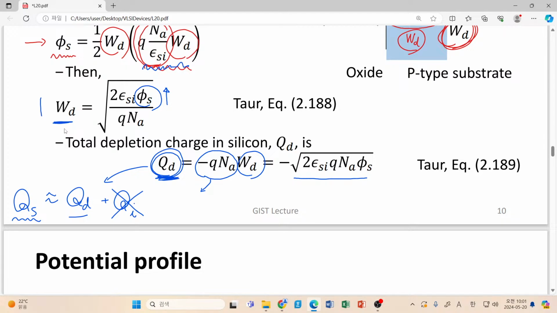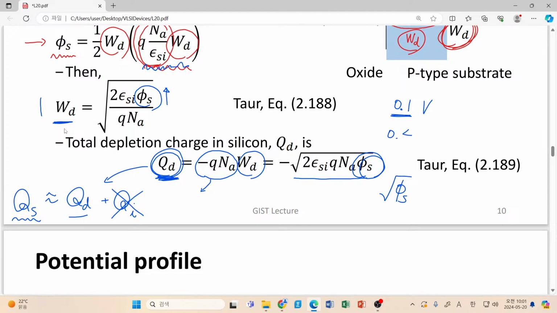The charge collected in our substrate is just proportional to the square root of surface potential. That's the point. That is a really important point. For example, let's say you previously had bending of just 0.1 volt, so the surface potential is 0.1 volt.